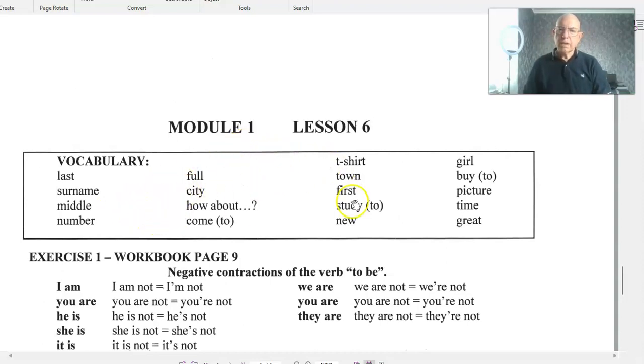Okay, going to the next line. We talked about middle, like middle names. How about setting up again a question, the types of words you would use in asking a question. So let's say you say, my name is Ken. A question might be, how about your last name? Or how about your family name?